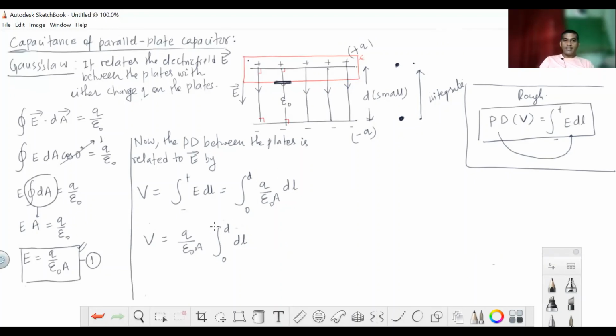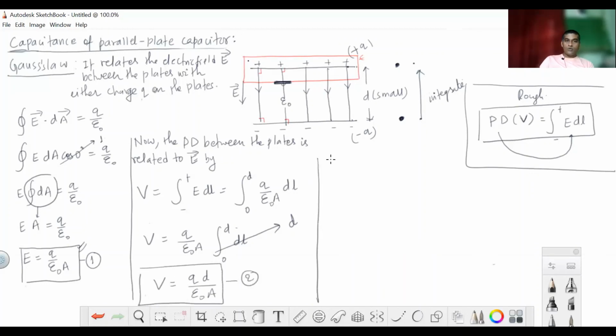If we integrate from this position to this position, we get the total distance between these two plates. So this integral finally gives the value d. So we can write the potential difference between the plates V equals Q d by epsilon 0 A. This is equation number 2.